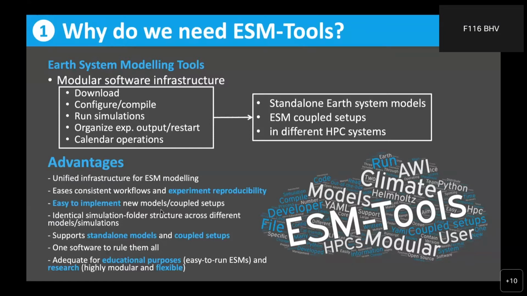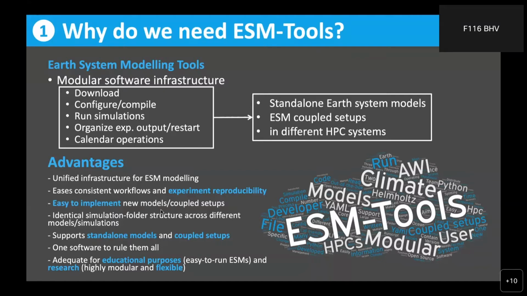The main advantages, well, I mentioned them, are the problems that we are solving. So experiment reproducibility, and it's easy to implement new models, or relatively easy, it's getting more and more easy. We are working on that, but definitely, once these models have been implemented and supported for a given computer, it's definitely easier to build and run them.